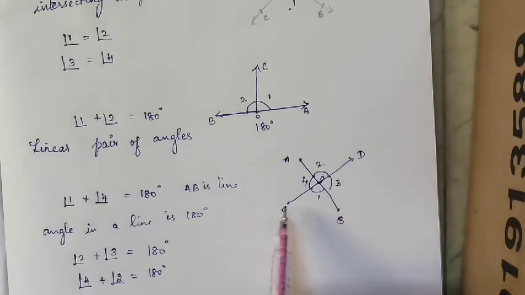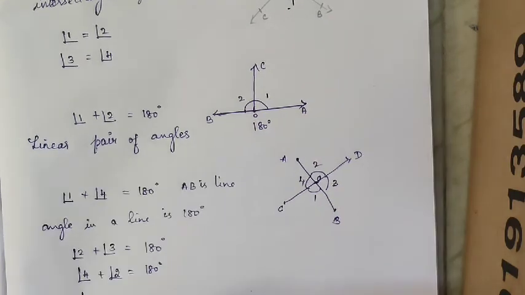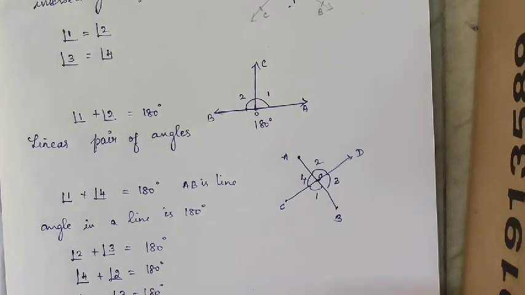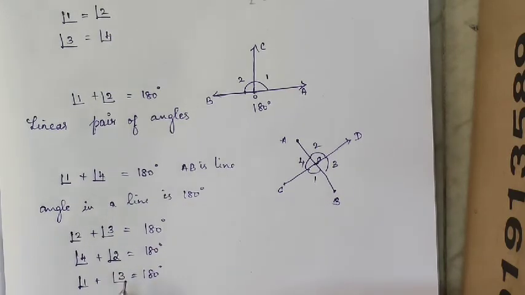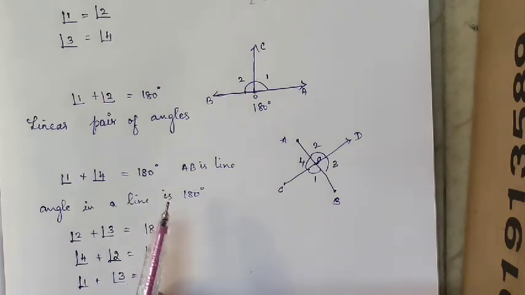Similarly, CD is a line, OB stands on CD, then angle 1 plus angle 3 is equal to 180 degree. Now see that everything is equal to 180 degree. 1 plus 3 is equal to 180, 4 plus 2 is equal to 180, 2 plus 3 is equal to 180, 1 plus 4 is equal to 180 degree here.